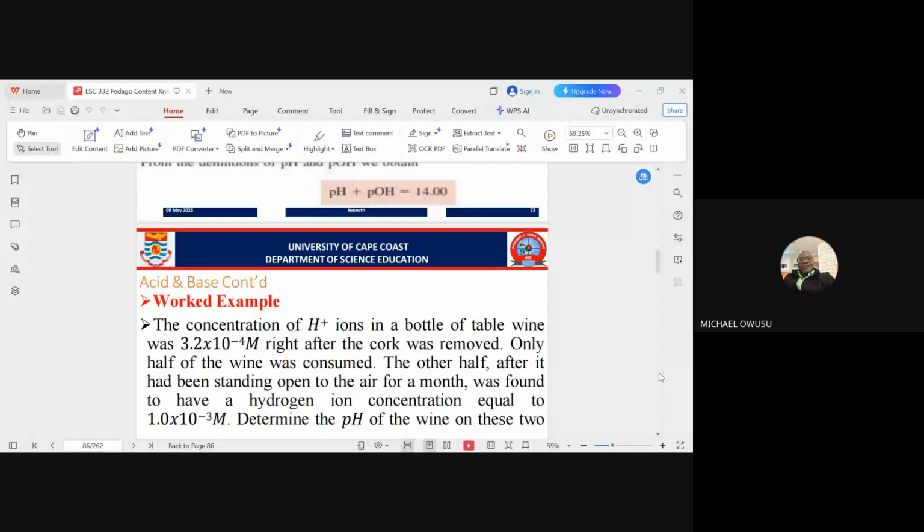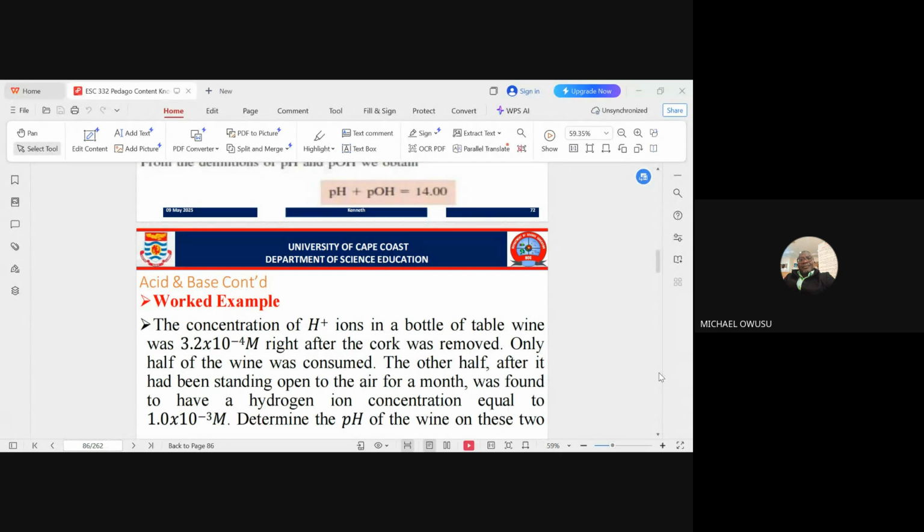When you substitute into it, what do you get? Doc, 2.5. So the 2.5 is for the pH. And the question says we should calculate for the hydrogen ion concentration. So you go into your equation and say that pH equals the negative log of the hydrogen ion concentration.